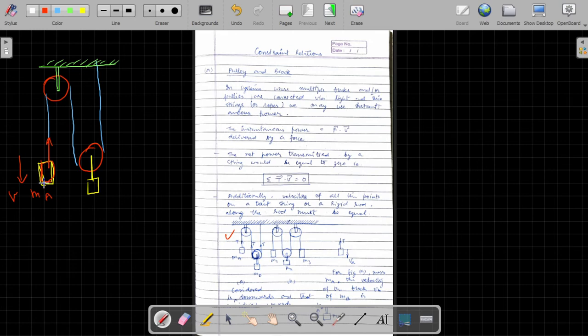So if block A is moving down, then block B should be moving up with some velocity v dash. Well, if this velocity is va, then this velocity can be vb. What we are aiming to find is the relation between va and vb, and that is the name of the topic, constraint relations.